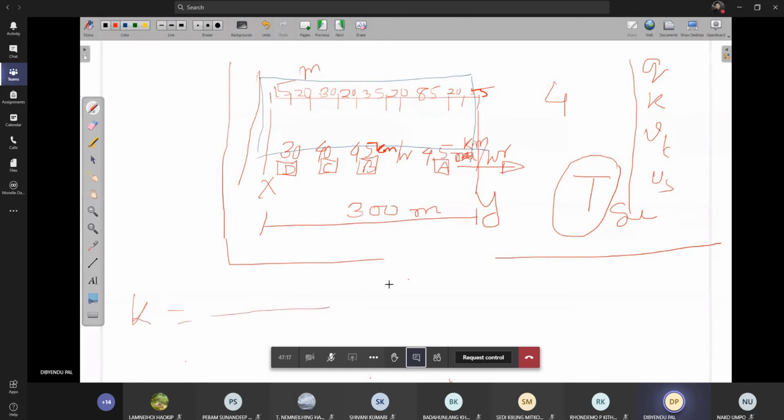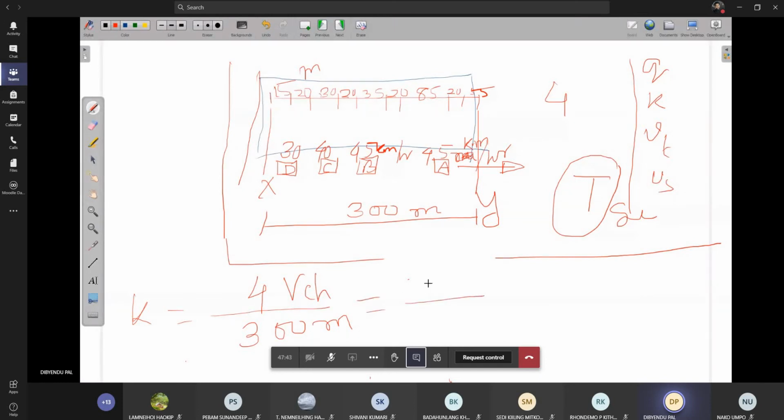In this photograph, how many vehicles are shown? A, B, C, D. So there are 4 vehicles present for a distance of 300 meters.